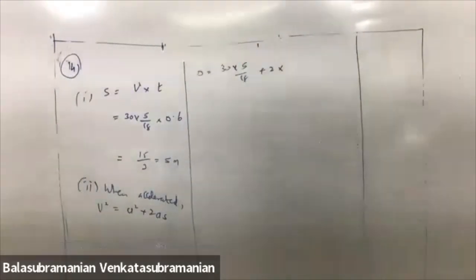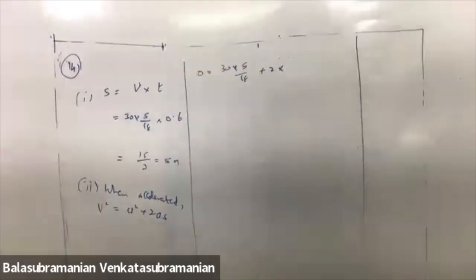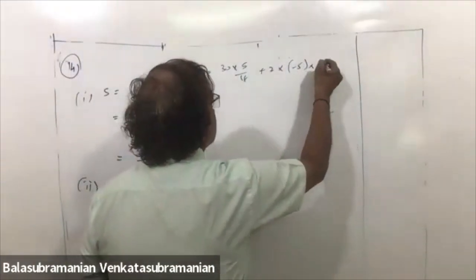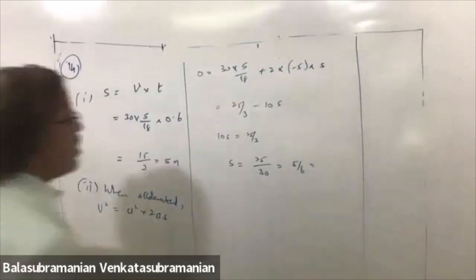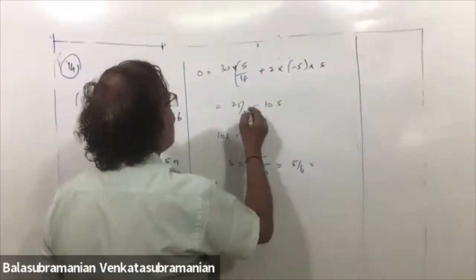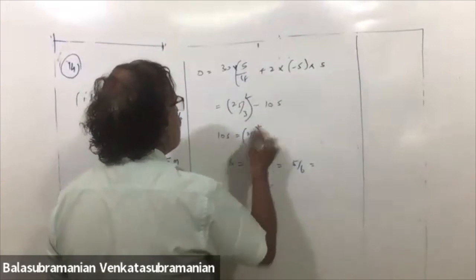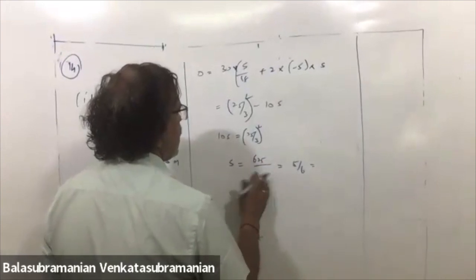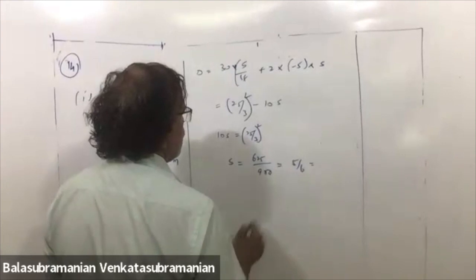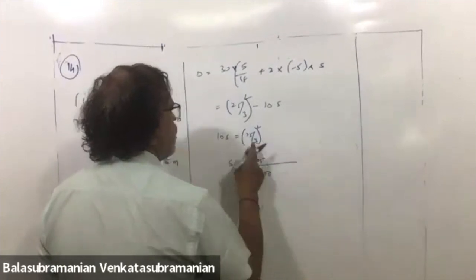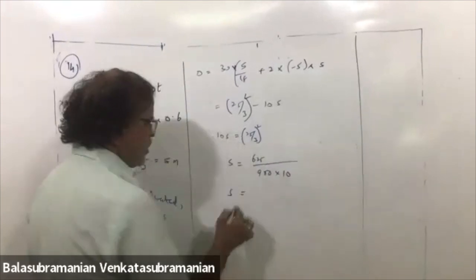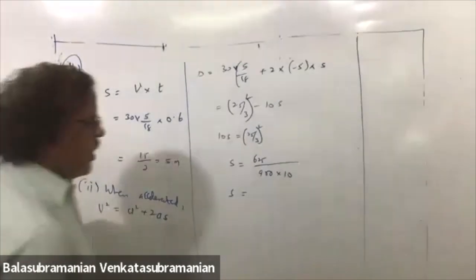Decelerated 5 meter per second square, that is the question. So minus 5 into s you have to calculate. It should be square. So square it, 625 by 900. This 10 also will go here. Simplify this. You are getting the answer 6.94 meters.